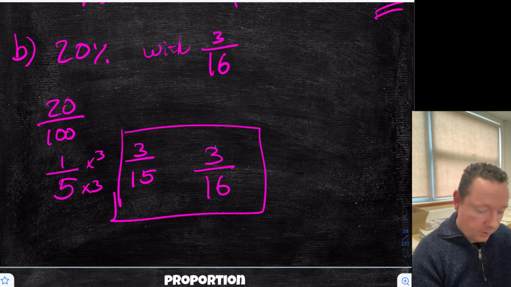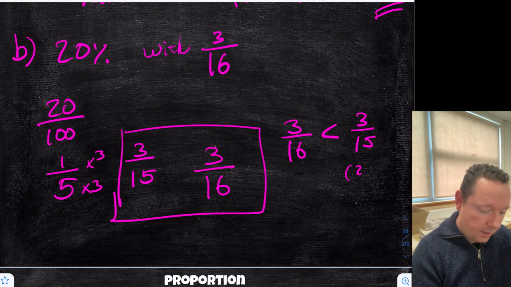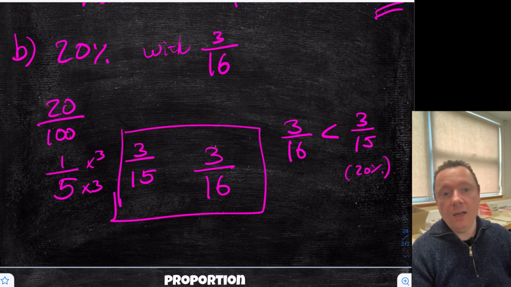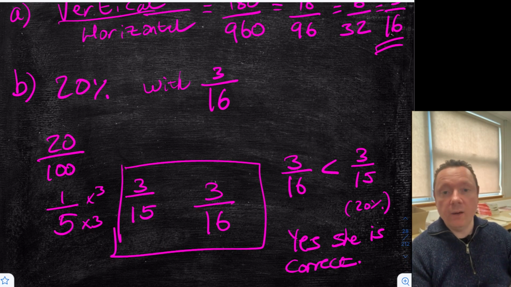So 3/16 is less than 3/15, which remember is 20%. So she thinks she's steeper. Is she correct? Yes, she is correct. The other way you could have done this question is change 3/16 to a decimal and change 20% to a decimal and compare it that way.